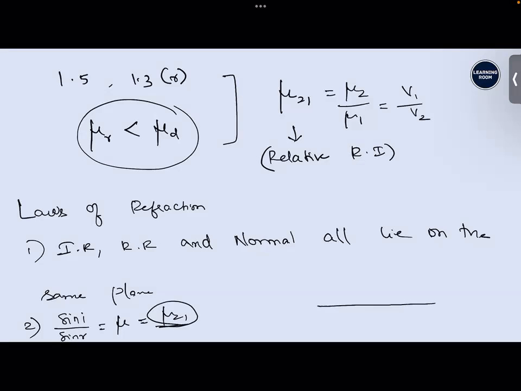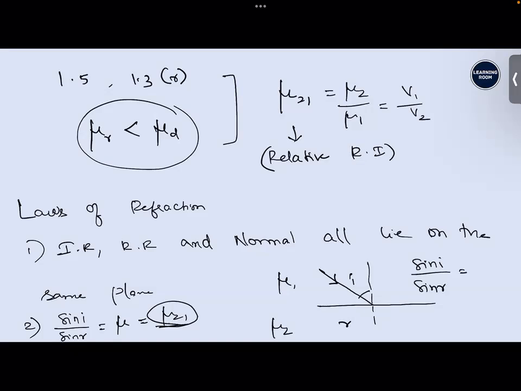See, this is a very, very important point. If I take this to be the incident ray, and I take the angle of incidence to be i, and the refractive index of the first medium as mu1 and the refractive index of the second medium as mu2, and in the second medium the angle of refraction is r, then what can I say sin i by sin r is?